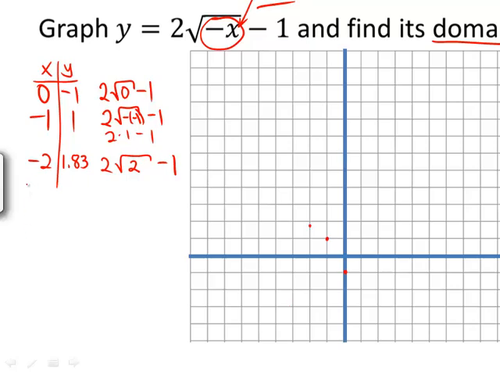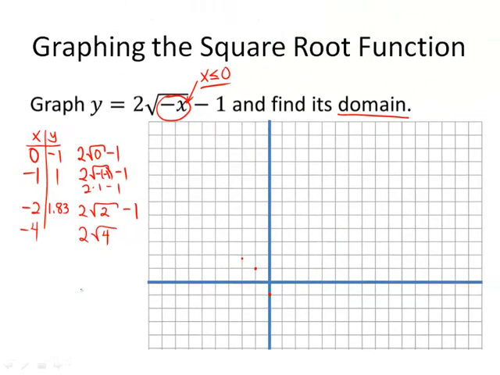And let's continue to another number that's going to give us a nice perfect square. So that'd be negative 4. 2 times root negative 4, times a negative gives us 4. So 2 times 2 minus 1, that'll be 3. So negative 4 gives us 3. And let's try another number, say over here.